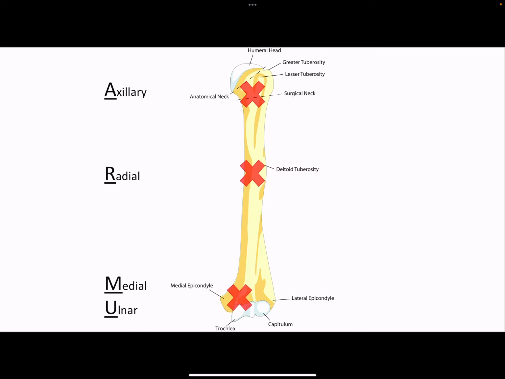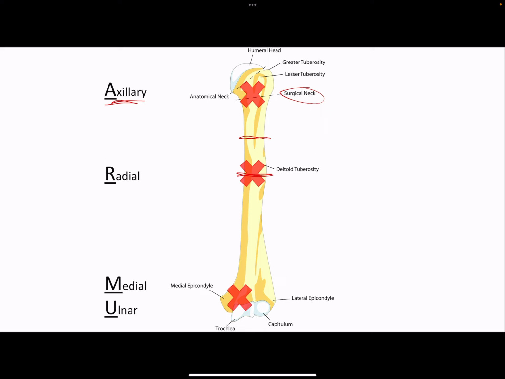If you have damage to certain parts of the humerus, this can be associated with different nerve injuries. I find this high yield. So if you have damage at the surgical neck, this is associated with the axillary nerve. If you have damage at the mid-shaft, or really the mid-shaft to the upper 2/3, this is where the radial nerve snakes around to the lateral side. This is associated with the radial nerve.